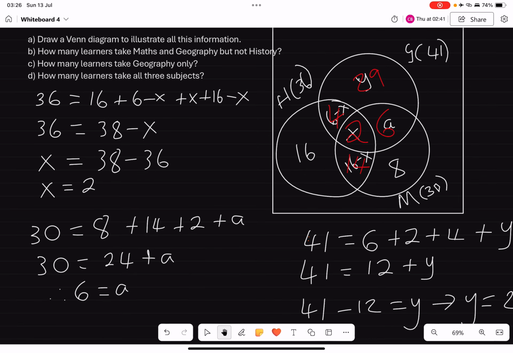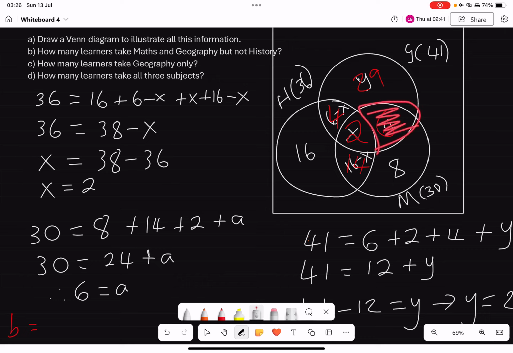Now question B is asking how many learners take maths and geography but not history. That is this part, where the maths and geography circles intersect but don't intersect with history. So it's 6. The answer for B would be 6 learners.